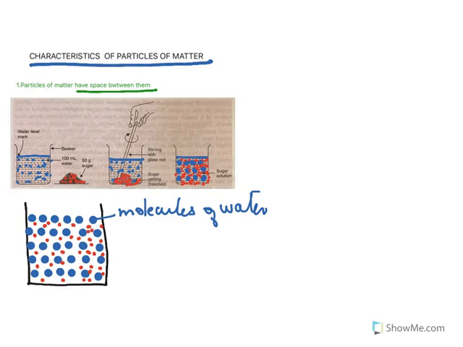So we learn two things in this experiment, and the two properties are that number one, matter is made up of particles, and number two is the particles of matter have spaces between them. See, they have all these spaces between them.